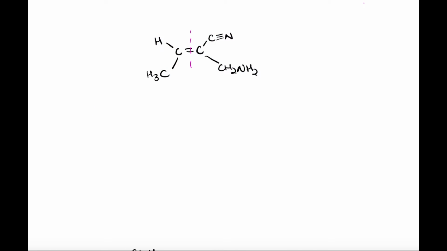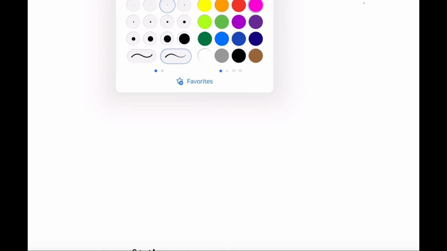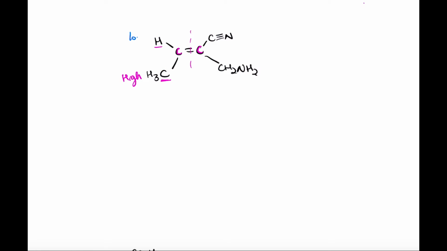So I'm going to cut this and label my carbons. So on the left side, I can see that it's this hydrogen and this carbon. I'm comparing it. This carbon has a higher priority, so this is higher, and this is lower.